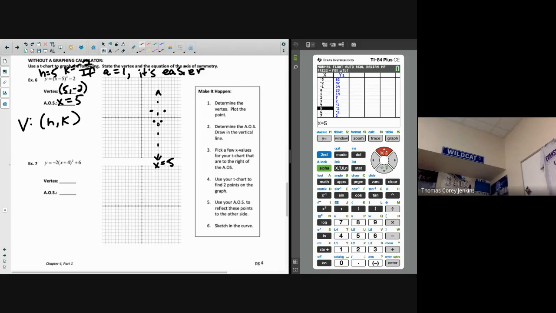We had that point. It says 4 goes to -1, which we had that. 6 goes to -1. We had that. So you can always use your graphing calculator to come up with those other points. All right, and example 7 is done for you. That's a little bit tougher problem. And again, here's what I would challenge you to do. Find the vertex with no graphing calculator, and then use your graphing calculator from there.